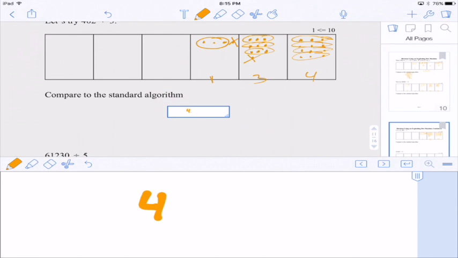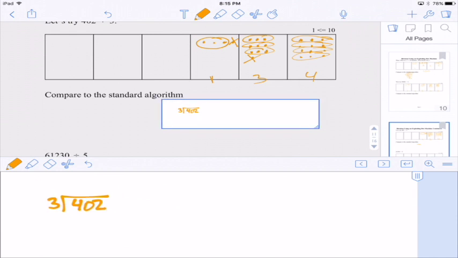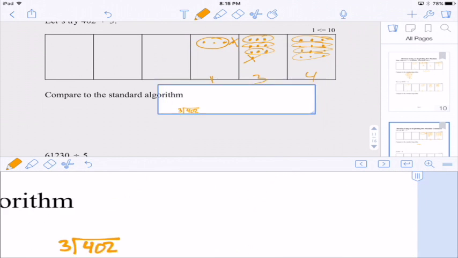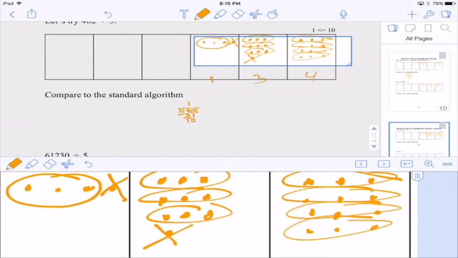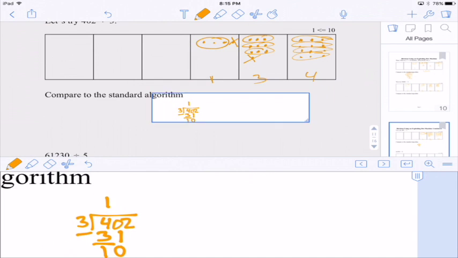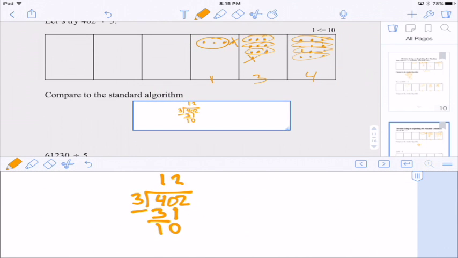So we had 402, and we're dividing it by 3. Well, again, from our picture, we can see that we had 4, and we could only get 1 group of 3 out of it. So 1 group of 3, and then we subtracted, and this is where that unexploding comes from. Now we have 10. Remember? So 1, 2, 3, 4, 5, 6, 7, 8, 9, 10. Well, we could find 3 groups of 3 out of that 10. 3 times 3 is 9, remember?